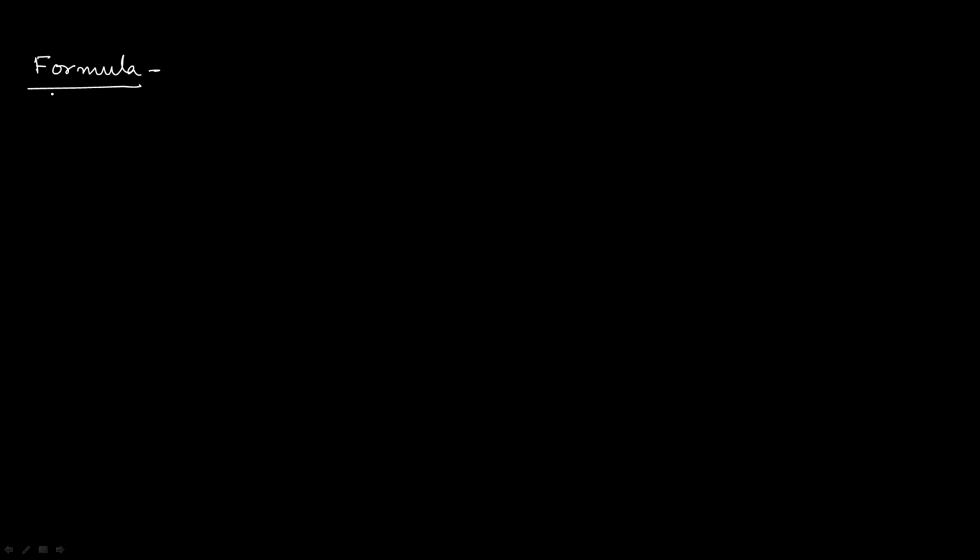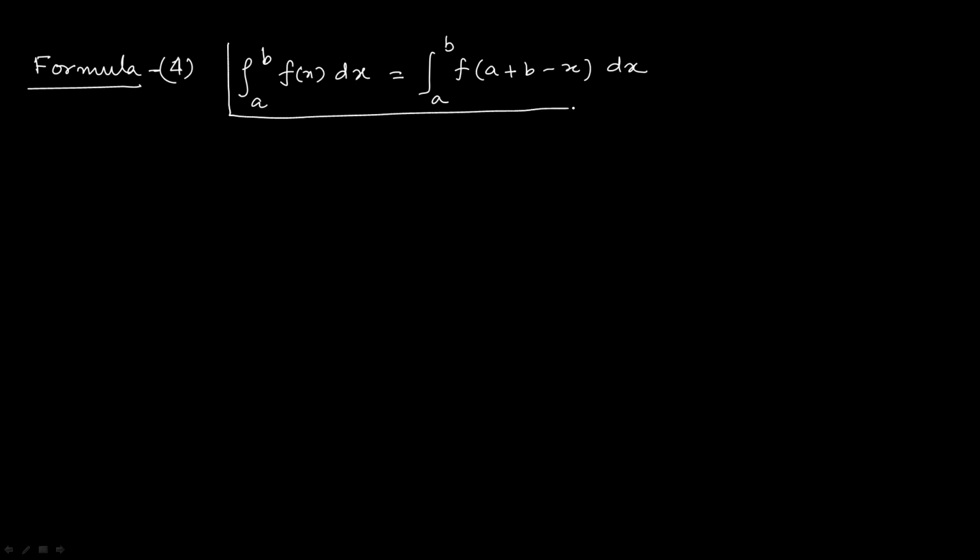Formula number 4 is the integration a to b f(x) dx equals the integration a to b f(a plus b minus x) dx, and I am marking this formula with a triple star.